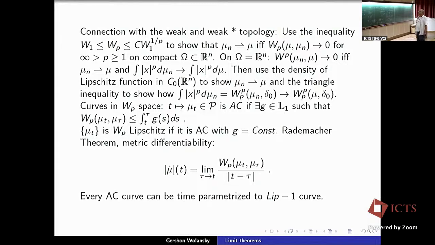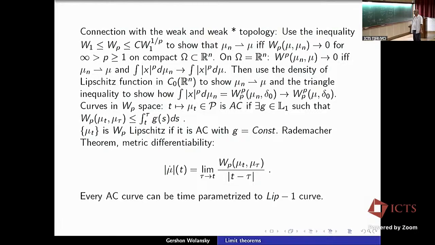And by Rademacher theorem, there always exists a derivative in this sense. So we define the metric derivative of mu as this limit, which exists for almost every t.